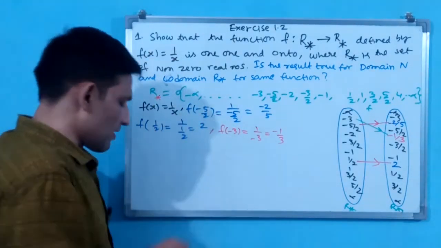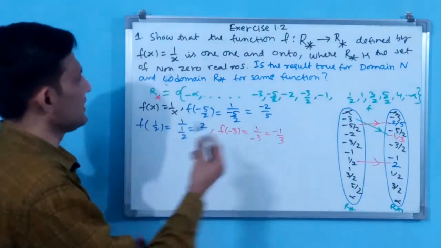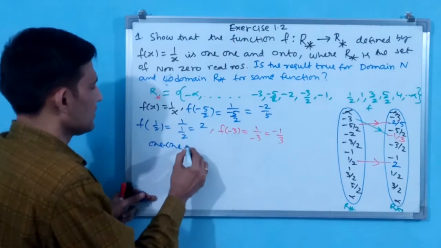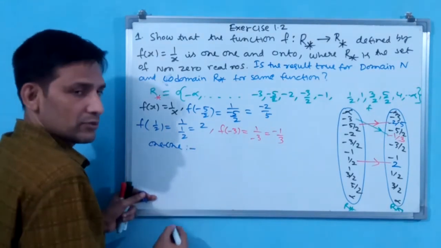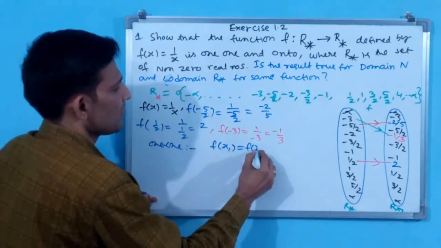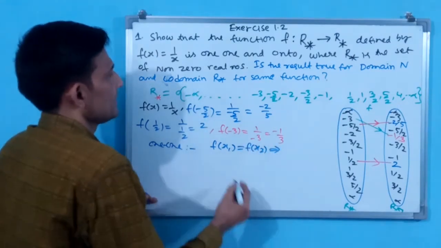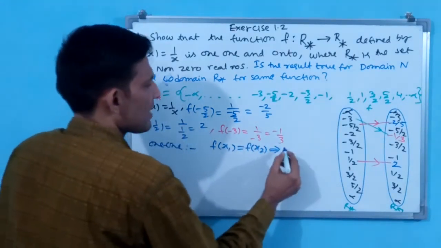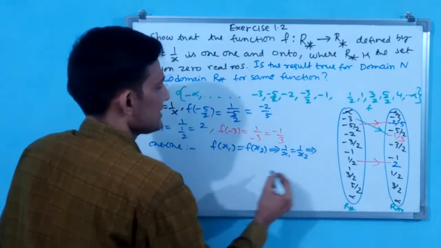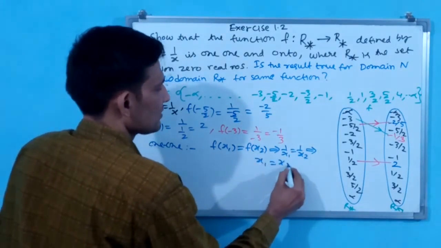Then first, for one-one, how to represent it, I am telling you. You write f of x1 is equal to f of x2 implies, here 1/x is there, so I write 1/x1 is equal to 1/x2 implies x1 is equal to x2.